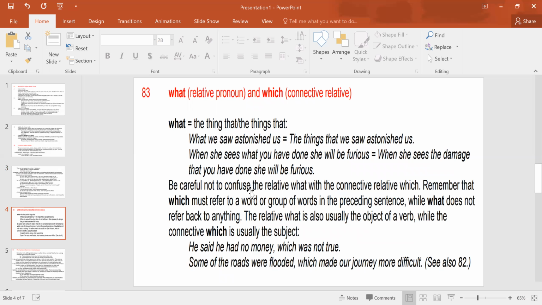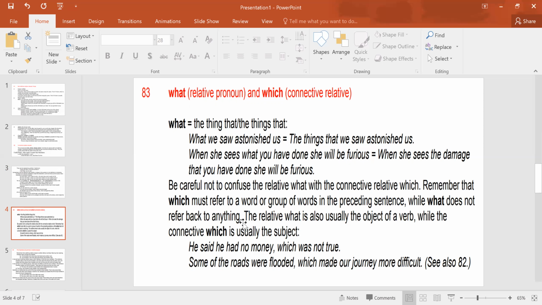Remember that which must refer to a word or group of words in the preceding sentence. Whenever you use which, it refers to a word or a group of words in the sentence which you have already used. While what does not refer back to anything.